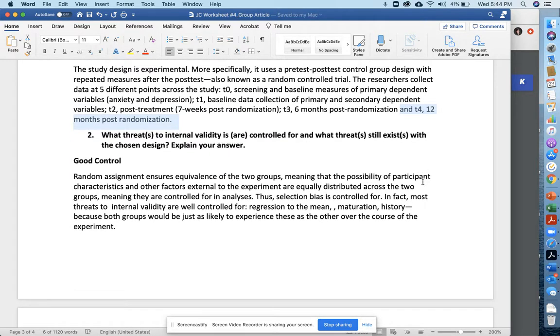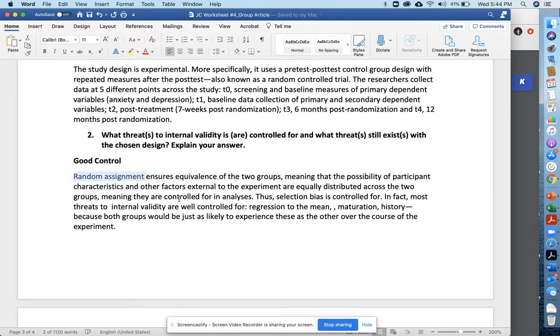So with this design, now we are being asked how well does this design control for internal validity? And the answer is that it controls for most threats to internal validity, particularly because of random assignment.